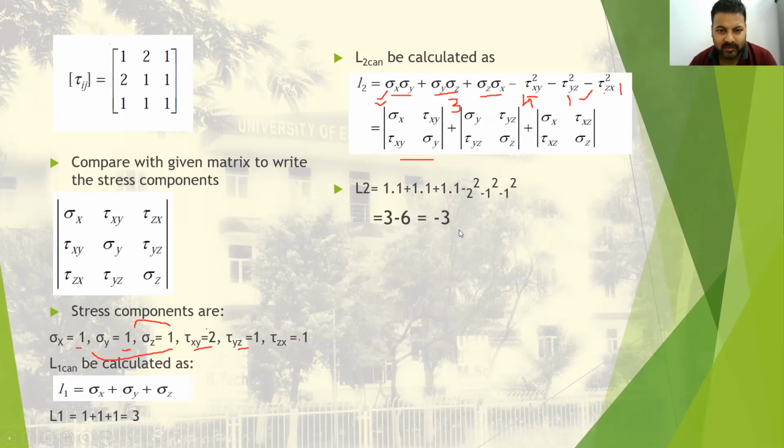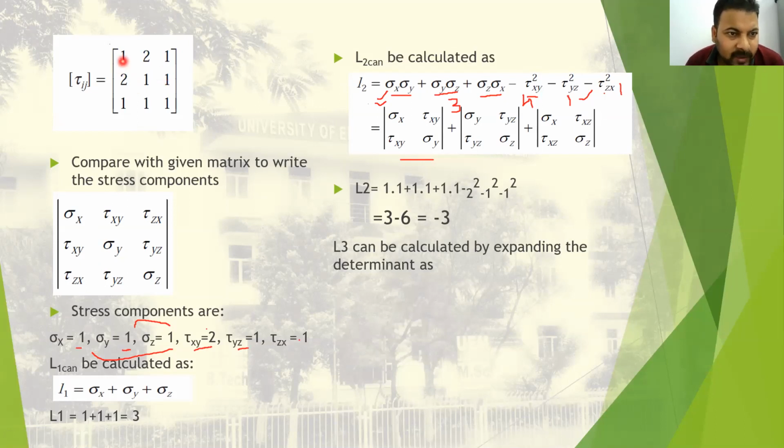In the next step we have to calculate L3, the third stress invariant, by expanding this determinant. We need to expand this determinant or this determinant. Or this determinant. So this can be expanded by, let me show you how.